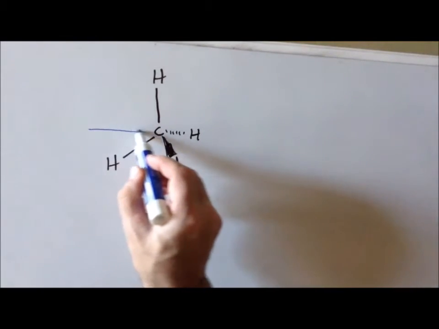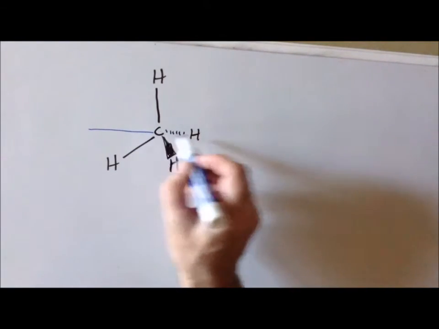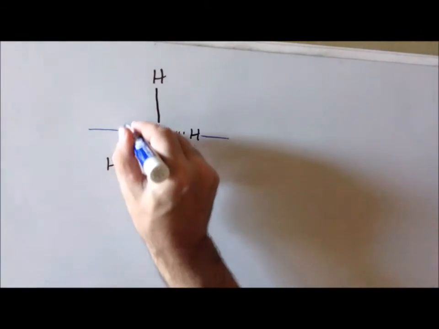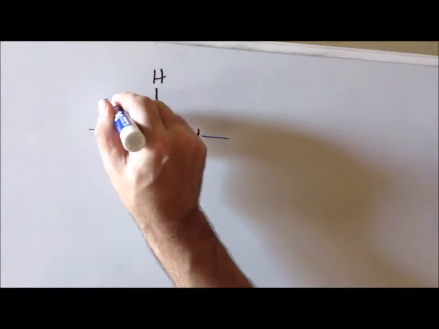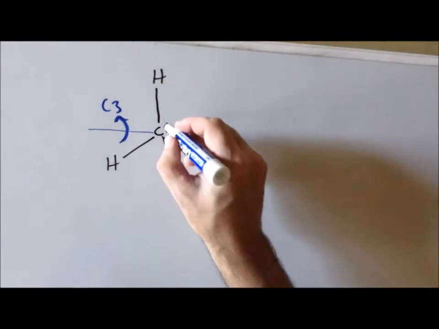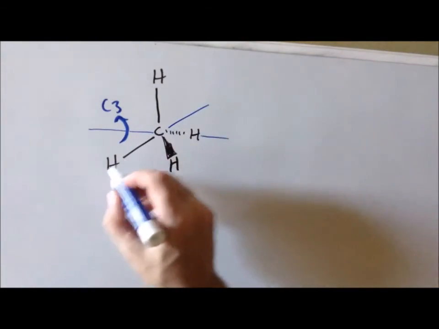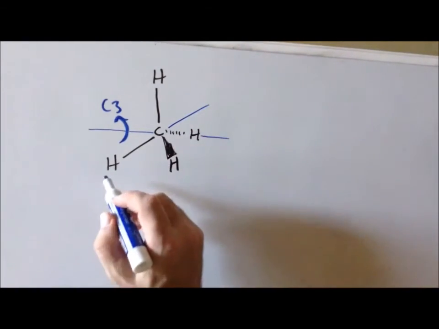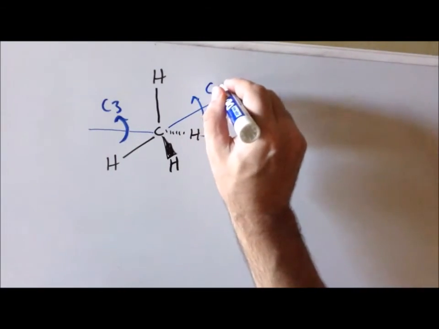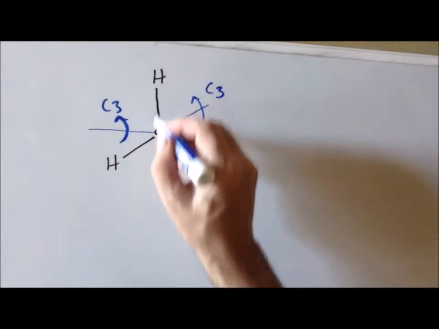It goes through the carbon and out the back of the hydrogen, and it's along this particular axis that we have a C3 rotation. And it turns out we have a number of these. We'll have a C3 axis that also comes out along the plane of the board through the hydrogen and the carbon. There's going to be a C3 there. A C3 axis going along here, again, in the plane of the board.